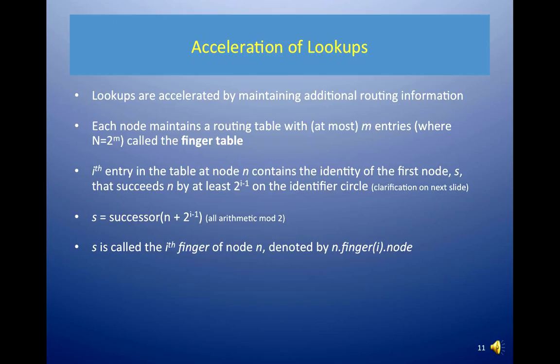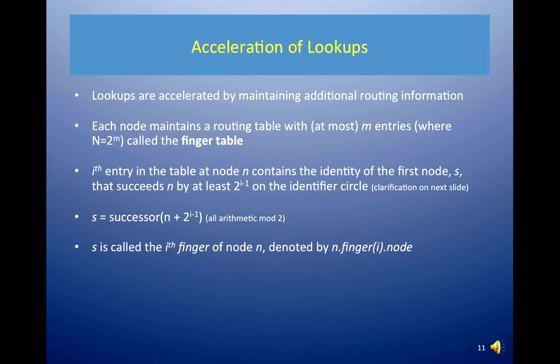The data stored in each node is kept in a particular table called the finger table. A finger table maintains the state of a particular node, so that it uses that state for efficient lookup, making the lookups big O of log n. The formula they came up with is n plus 2 power i minus 1 mod 2 power m. They use this formula to find the successor, right?